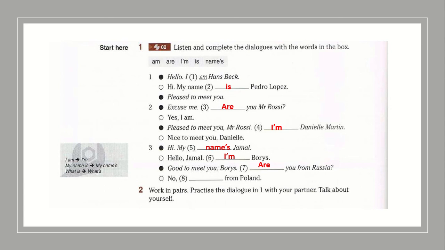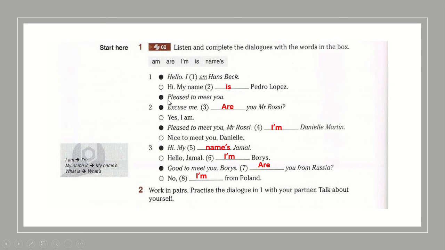And number 8, I am. Very good. Now let's look at the box here. I am, we use it in a short form, I'm. My name is, my name's. What is, what's.